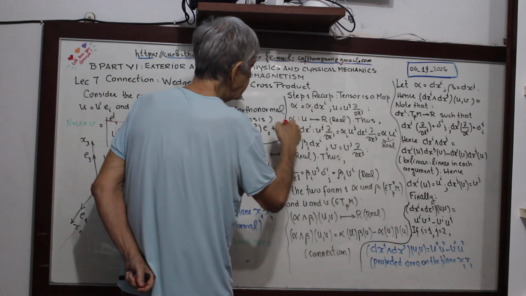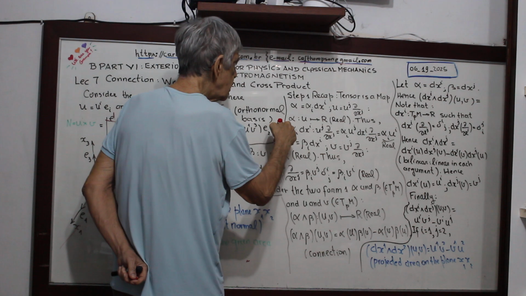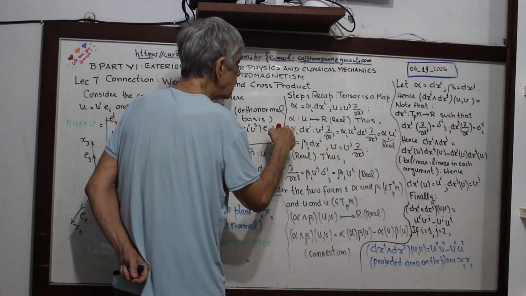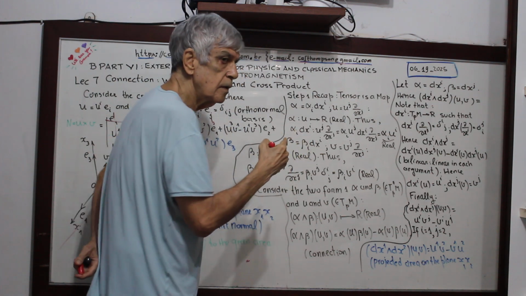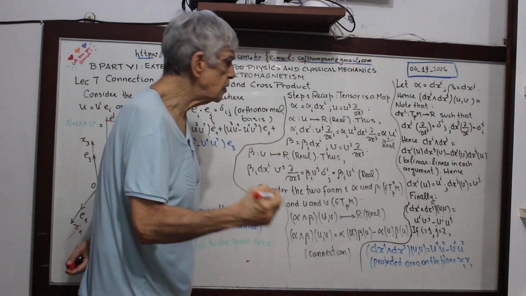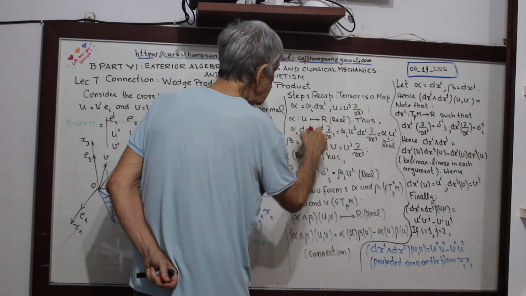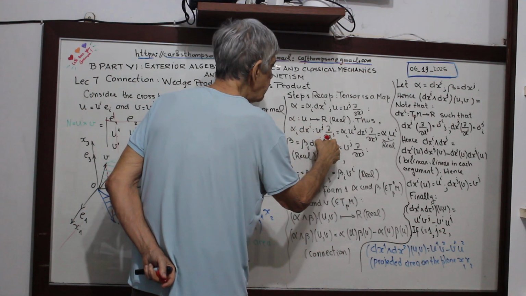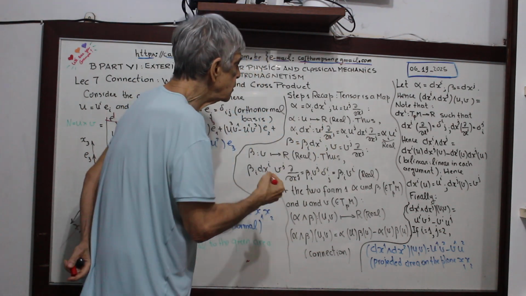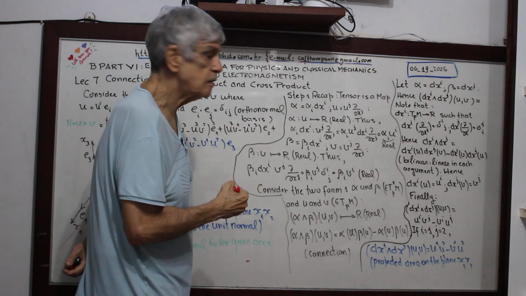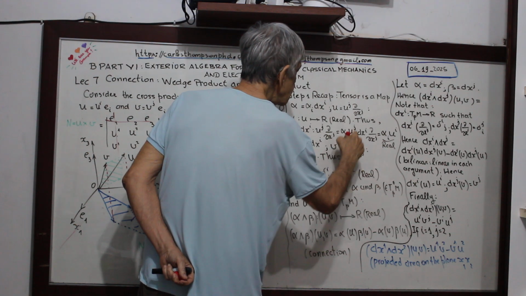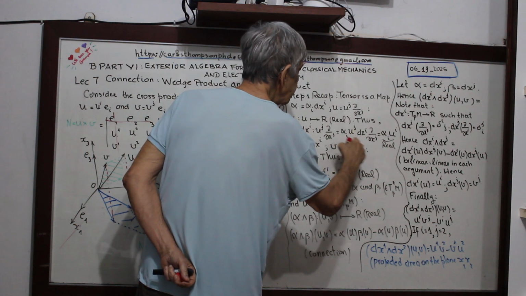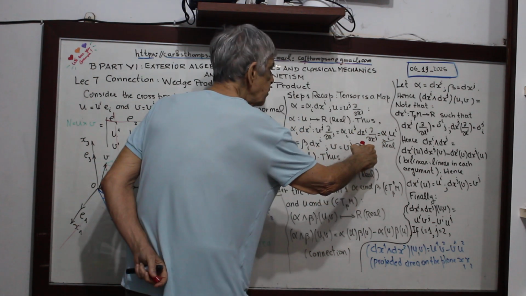Thus alpha is a covector, alpha_i dx^i, because it belongs to the cotangent space, acting on U^j partial x_j, which lives in the tangent space. Now, this is alpha_i U^j dx^i partial x_j.